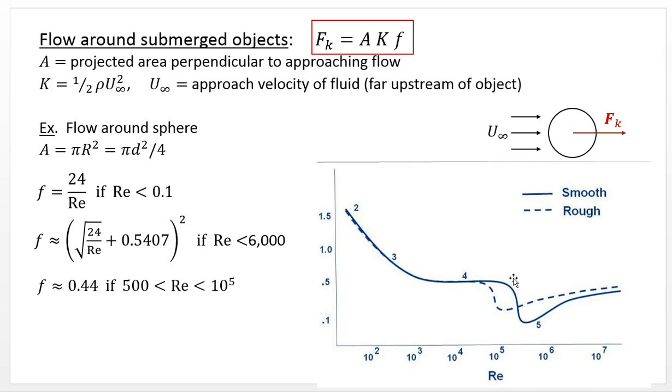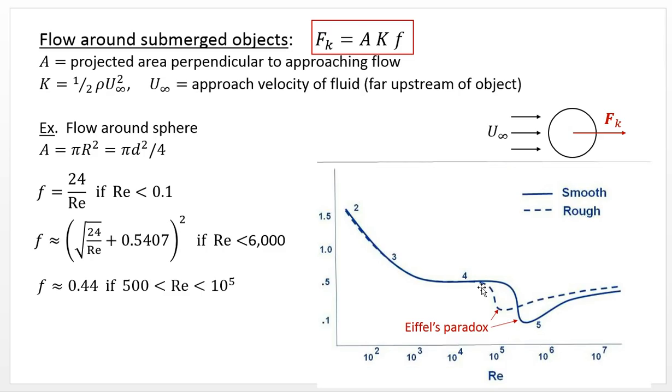So some sort of transition is occurring here that's causing this very rapid change in the friction factor for Reynolds numbers of about 5 times 10 to the 5. The other thing that's interesting, though, is that for a rough sphere, this transition occurs for a smaller value of the Reynolds number.